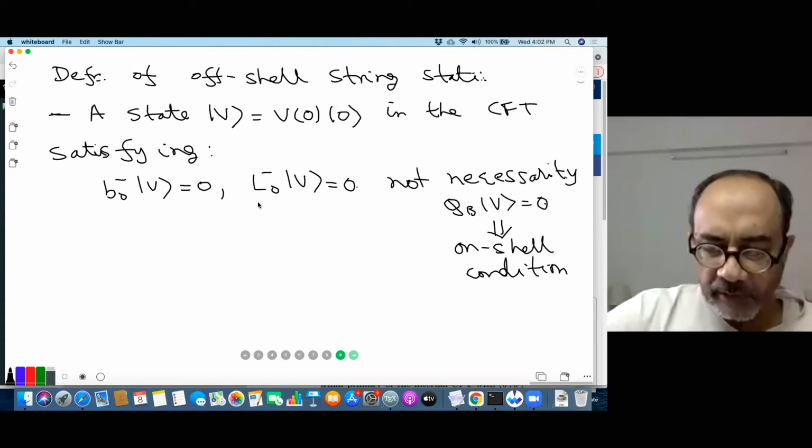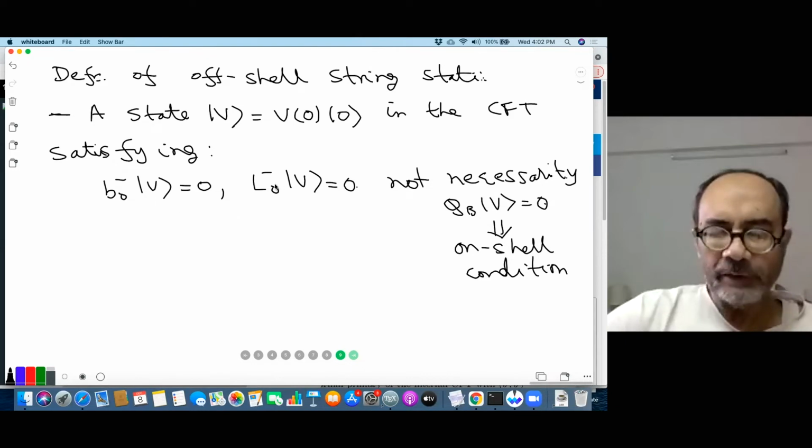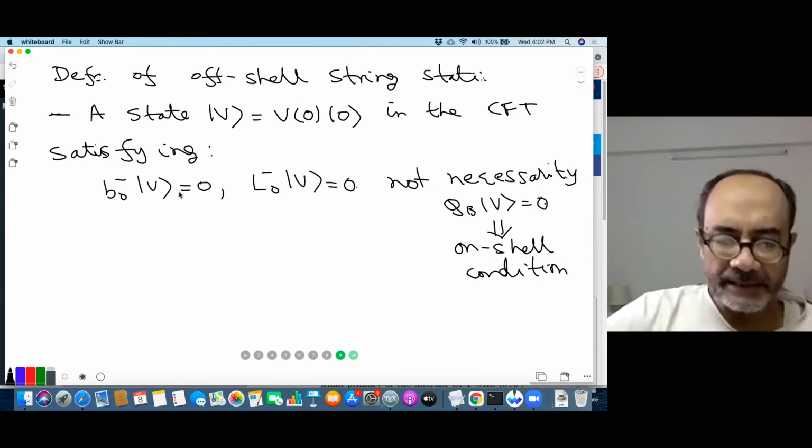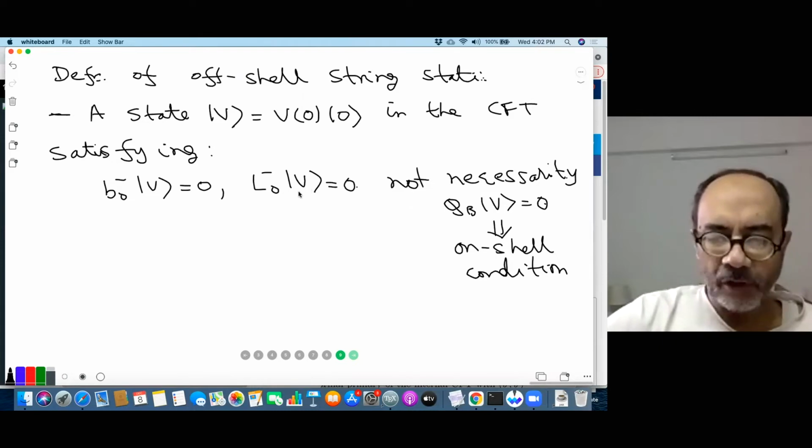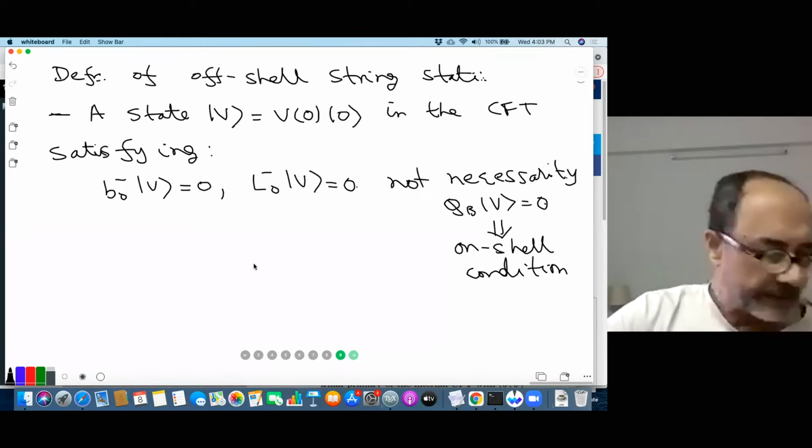So when you say that you are going to give the prescription for computing an off-shell amplitude with some external string states, we'll be basically considering external states V1 up to Vn, if it's an n-point amplitude, each of which satisfies these two conditions. And some of them may satisfy this condition, but it's not necessary, because if it does satisfy this condition, we'll call them on-shell external states. Okay.